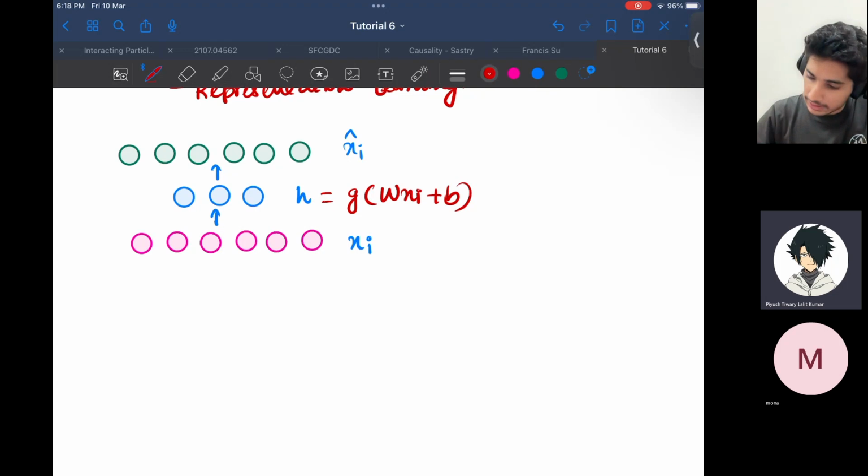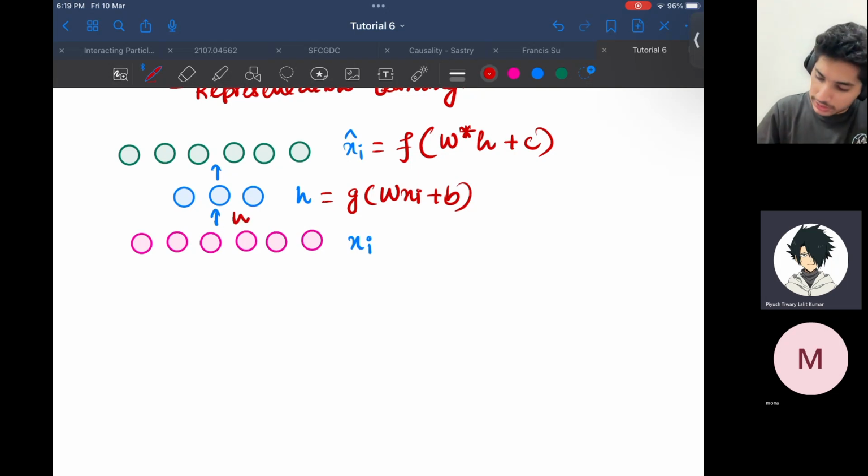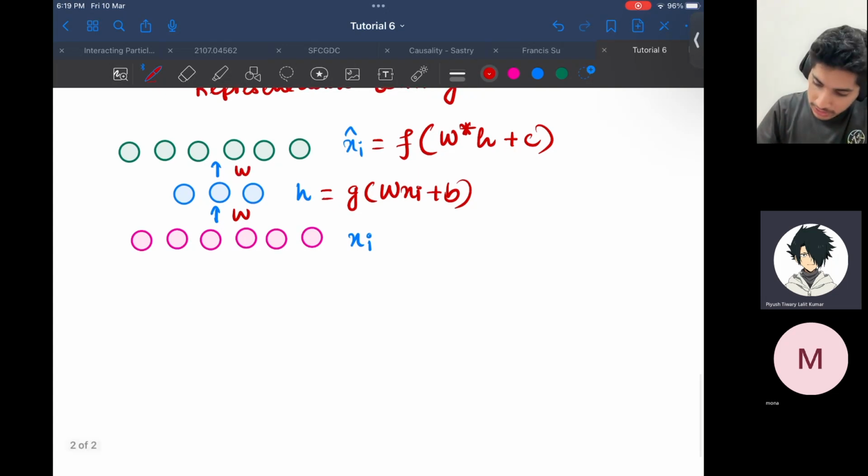Similarly, xi hat is going to be some f, again an activation function, of W star h plus c. W is the matrix that you use to compute h from xi, and W star is the matrix that you use to construct xi hat from h. So this is the whole idea of autoencoders.